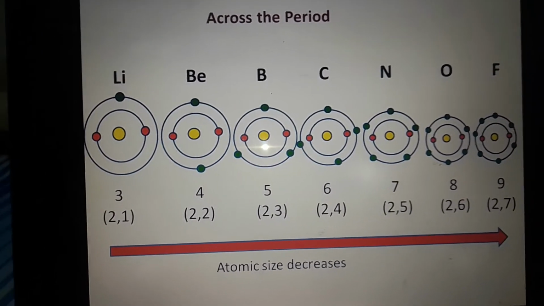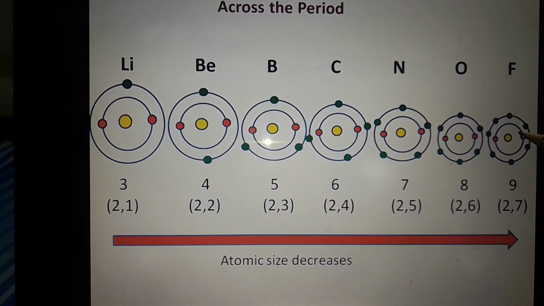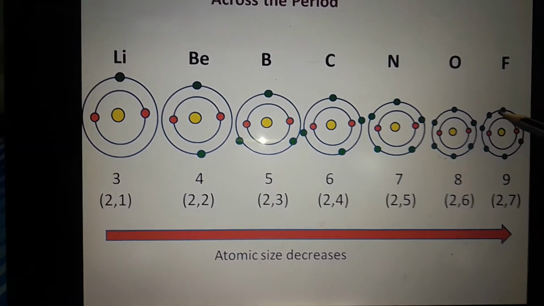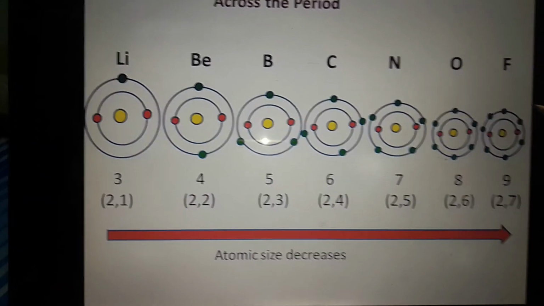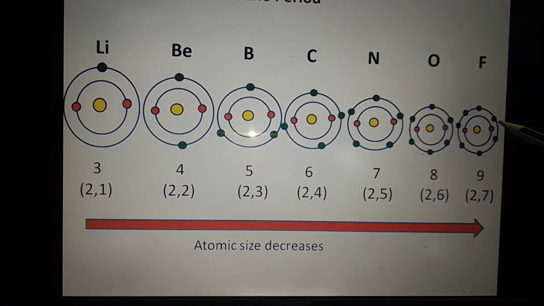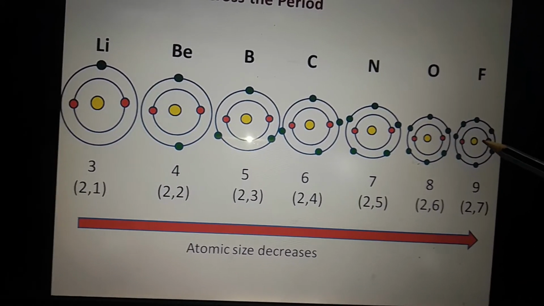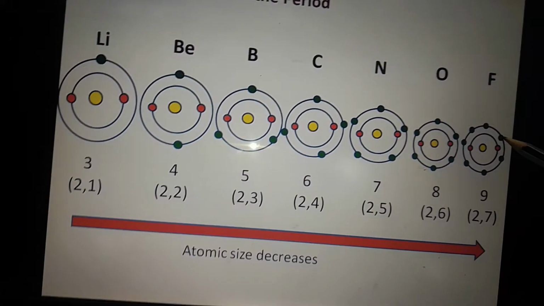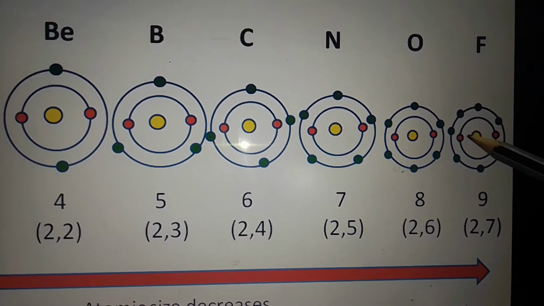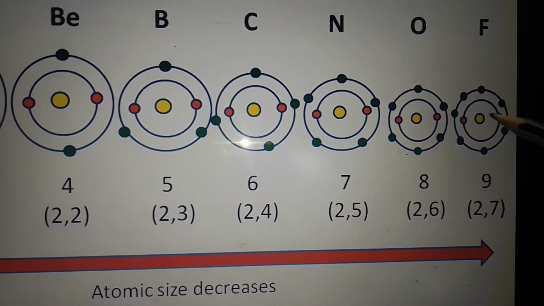Thus, the nuclear force between the nucleus and all these outermost electrons also increases, and because of that the outermost shell comes towards the nucleus.